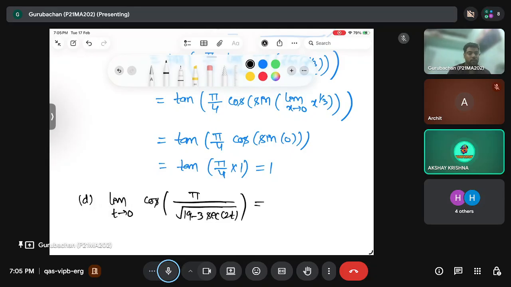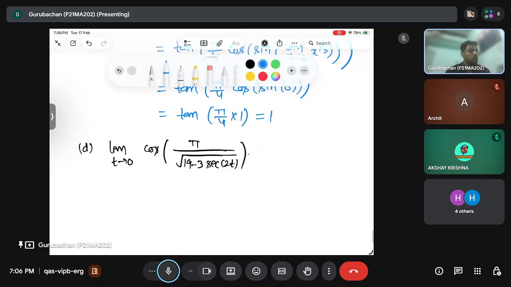Sir, I already did that. I know where you can find out my mistakes. So, cos is continuous at t equal to 0.